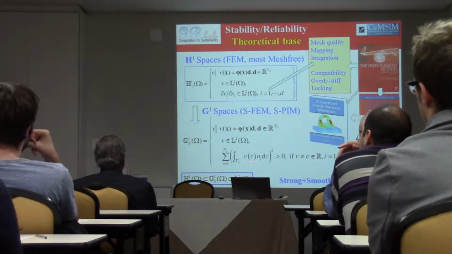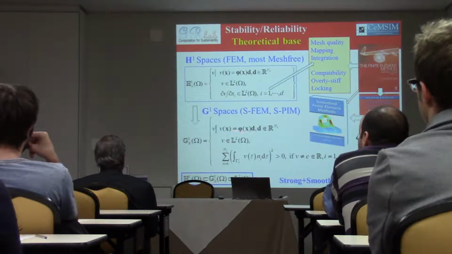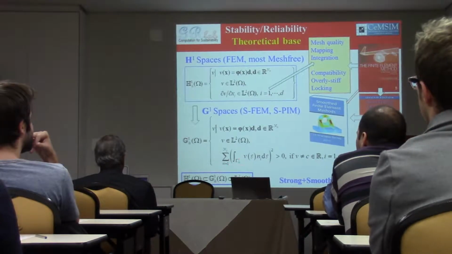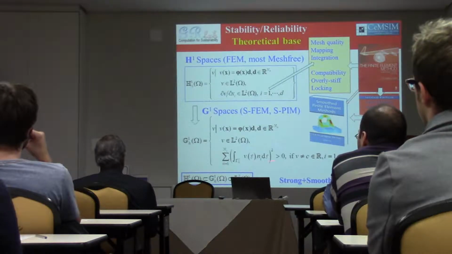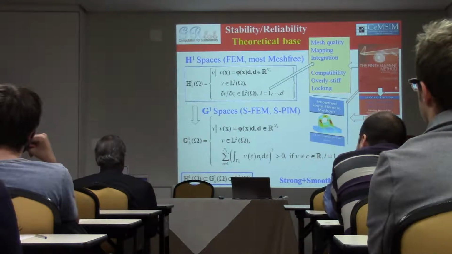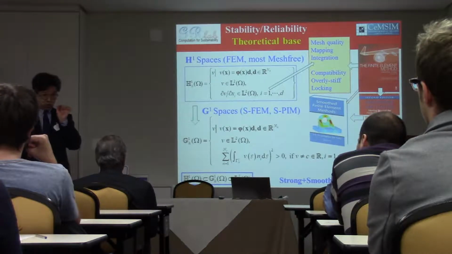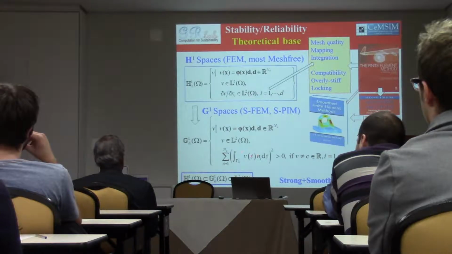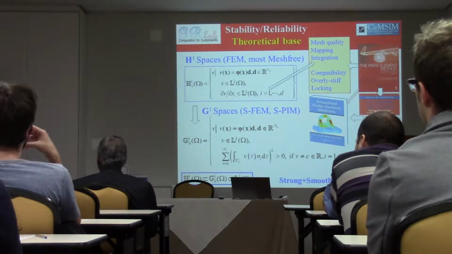We are saying that for the function so created, I'm going to do an integration along the edges of the smoothing domain. If I do this and square it, and I sum all these squared integrated values, that value is always strictly positive. Then this function will belong to this space.